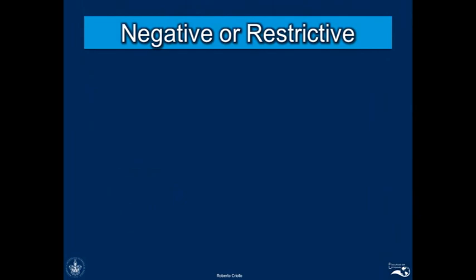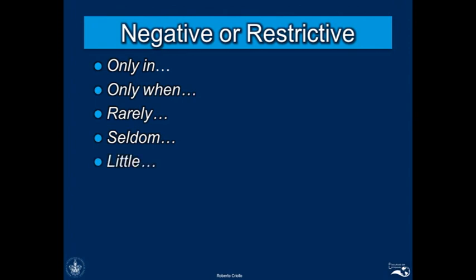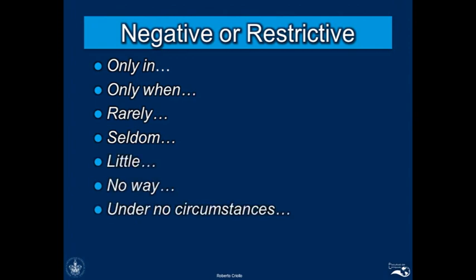Finally, they can also be used in clauses such as "only in," "only when," "rarely," "seldom," "little," "no way," "under no circumstances," "on no account," and "not only but," as the first example that I showed you.